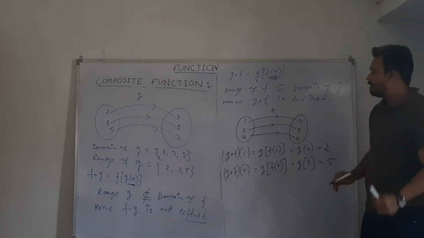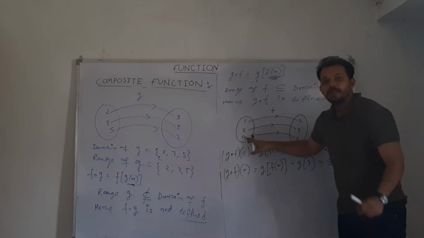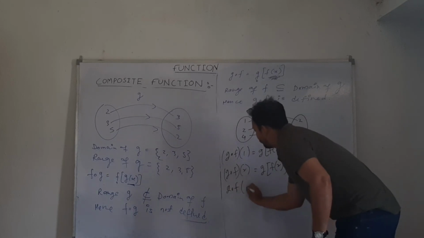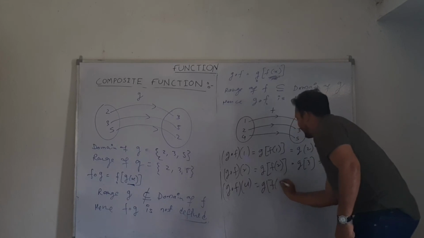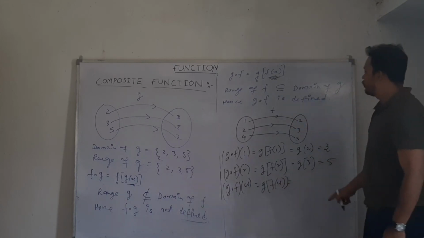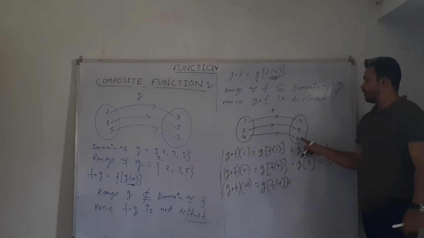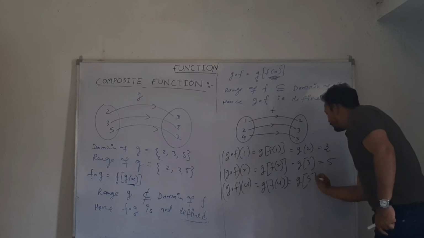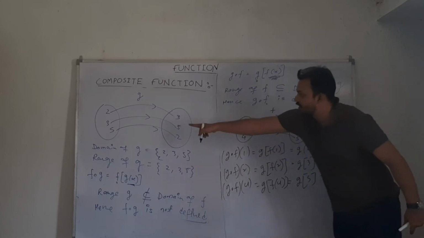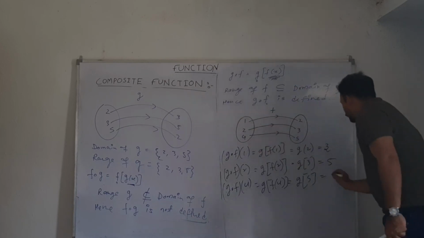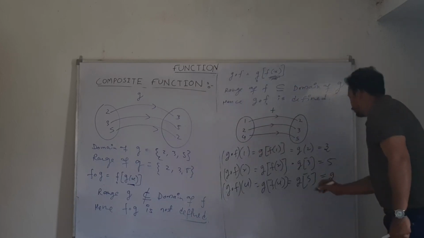In the same way, we will check for the last element 4. GOF(4) is equal to g(f(4)). f(4) is equal to 5, so we will write g(5). g(5) will give us 2.